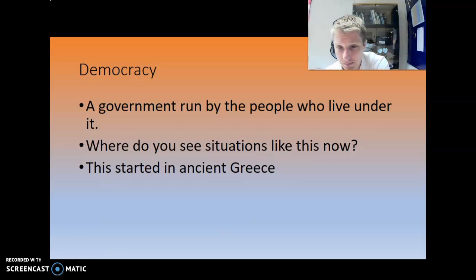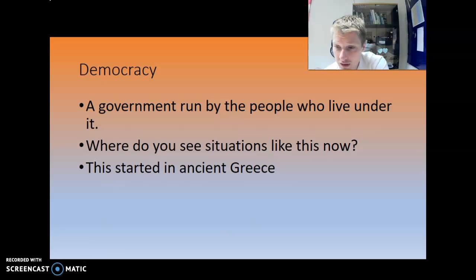But a democracy is a governing body, a group of people making decisions, run by the people who live under it, for the people. So the purpose is for the people who are in the Greek city-state or whatever it is.